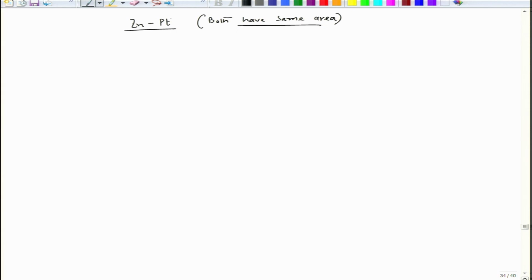We will see that if the area of the platinum, let us say A platinum, and this area is A zinc, in case A platinum is greater than A zinc, the corrosion rate of zinc decreases. If it is the other way, the corrosion rate of zinc increases. So, we will see that effect. That is what we are initially considering, a situation where both have the same area.